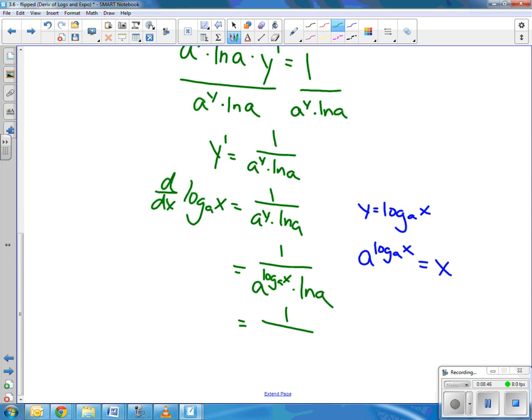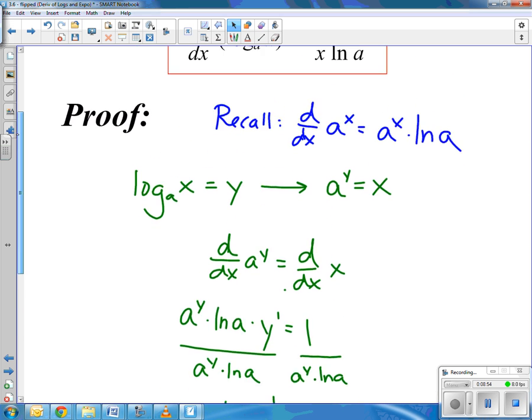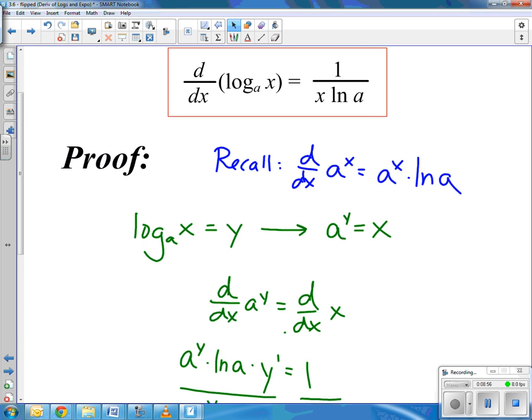So replacing that, I end up with 1 over x times the natural log of a, which, if I go back up here, was the derivative of the log that I was looking for originally. So this is a proof of where it comes from. Again, that was just to help you remember it a little better.